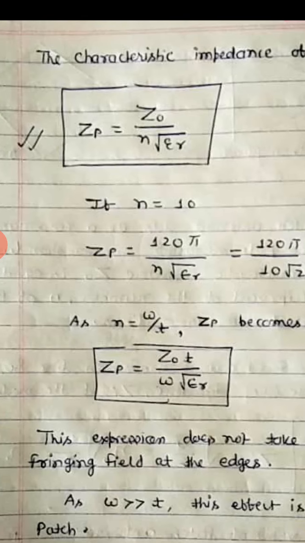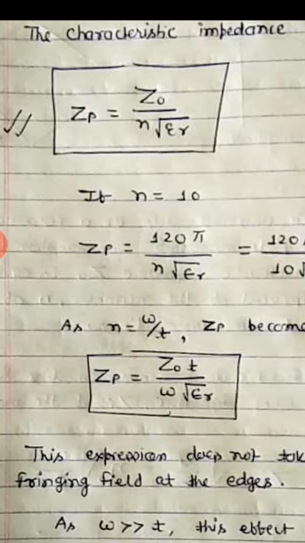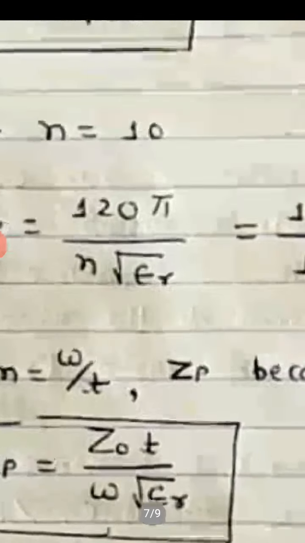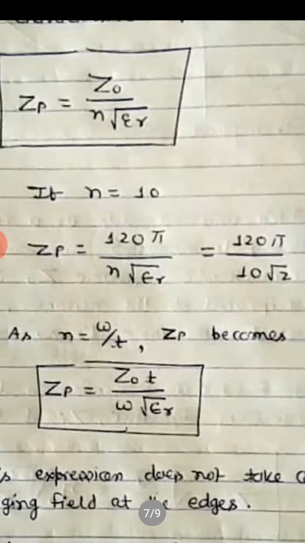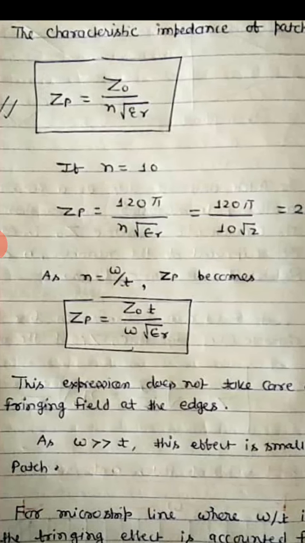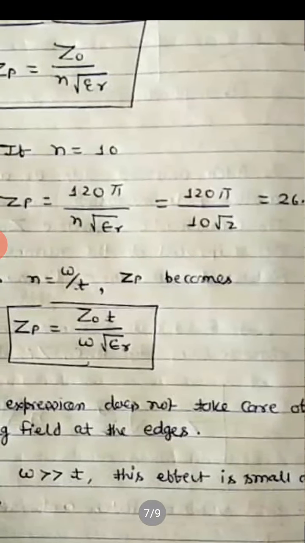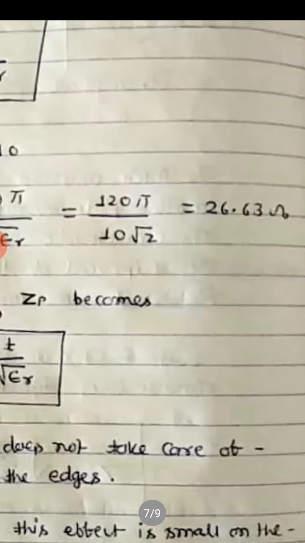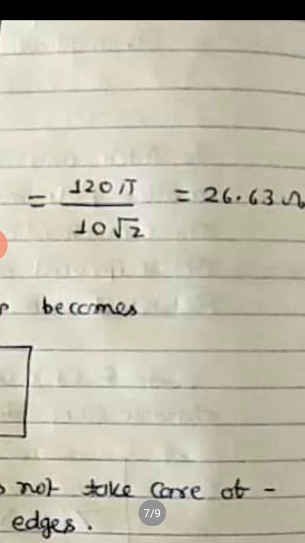Then Zp equal to 120 pi by n under root epsilon R. This 120 pi is the intrinsic impedance of free space. If we put these values, we will get the answer, that is 26.63 ohm.